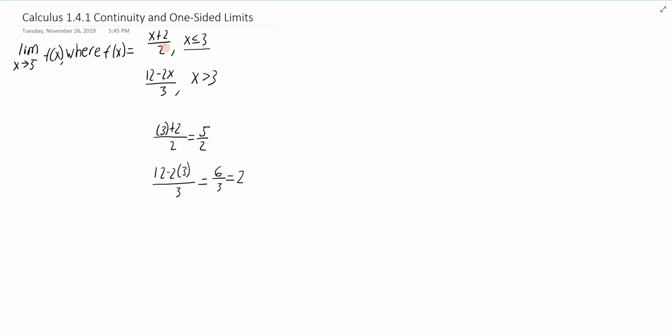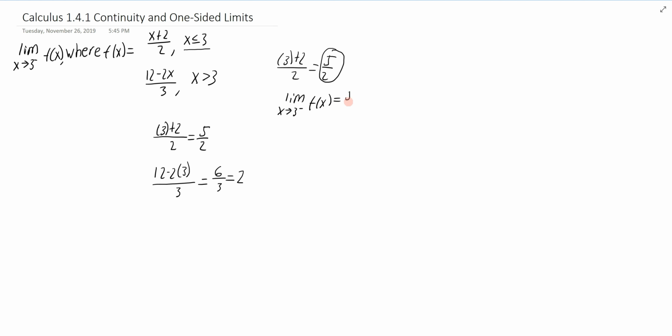All I've got to do is put 3 in here, plus 2 over 2, which equals 5 halves. And so that is going to be our answer. So what we have is that the limit as x goes to 3 from the left of f of x is 5 halves.